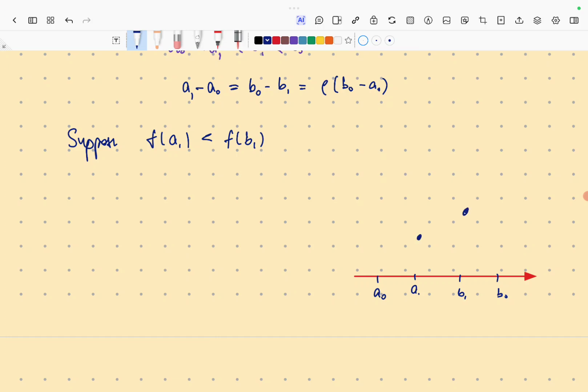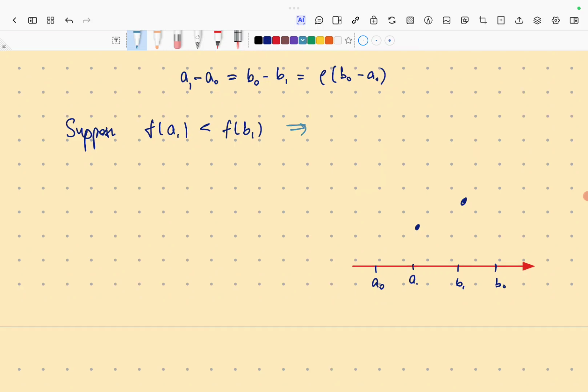Let's now see what can you say about f of B0. f of B0 should be greater than f of B1.